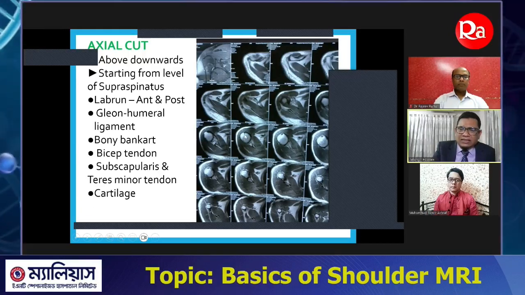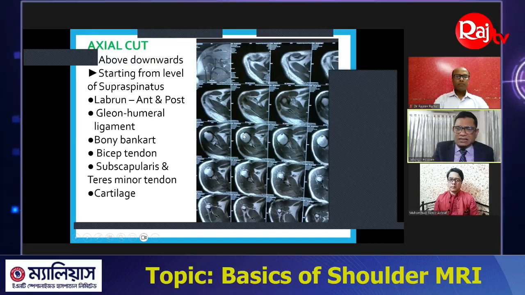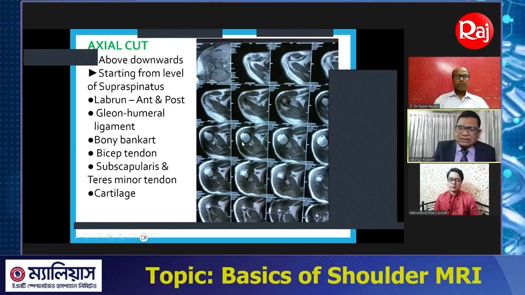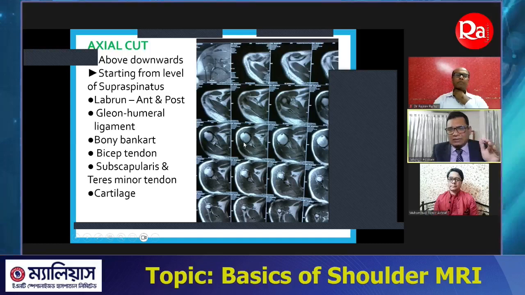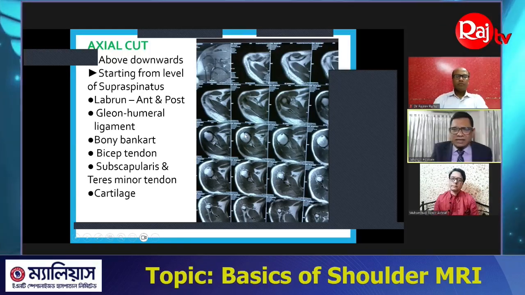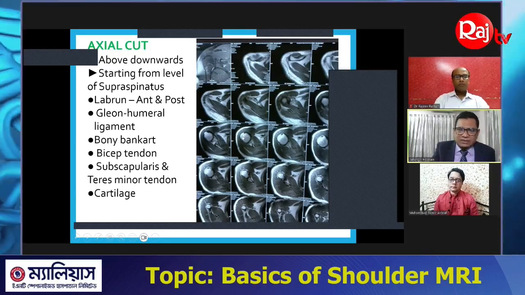And when this cut is at the level of the coracoid, we can see the HAGL lesion at the coracoid level, just opposite the bicipital groove or biceps tendon.